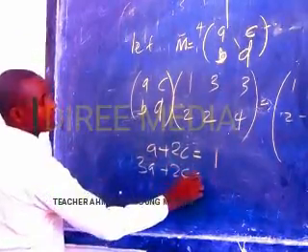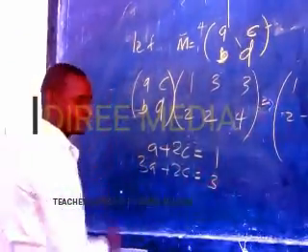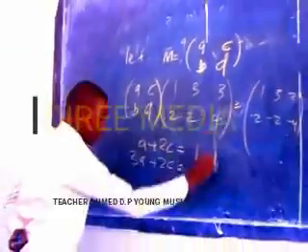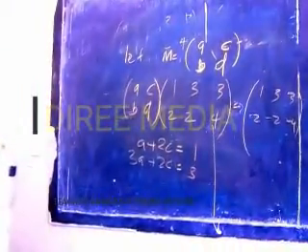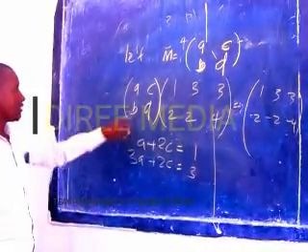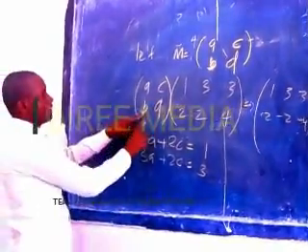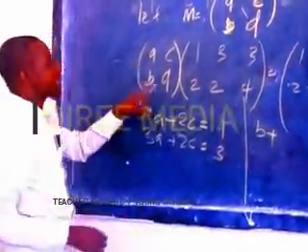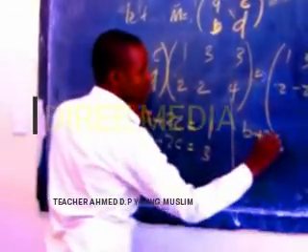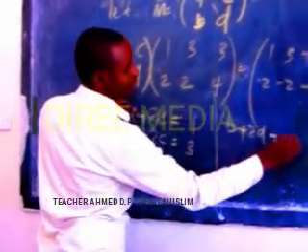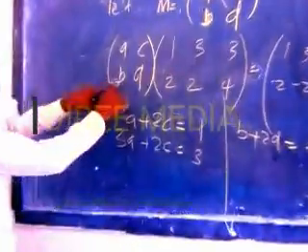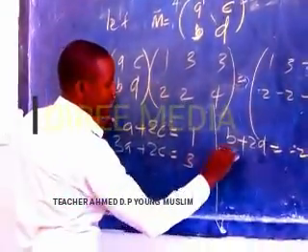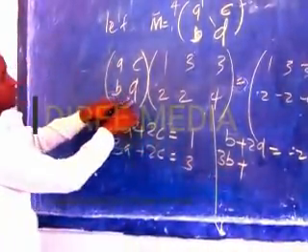Then for B and D: B multiplied by 1 is B, plus D multiplied by 2 is 2D, equal to negative 2. And B multiplied by 3 is 3B, plus D multiplied by 2 is 2D, equal to negative 2.